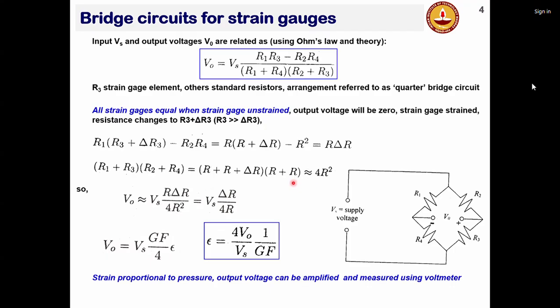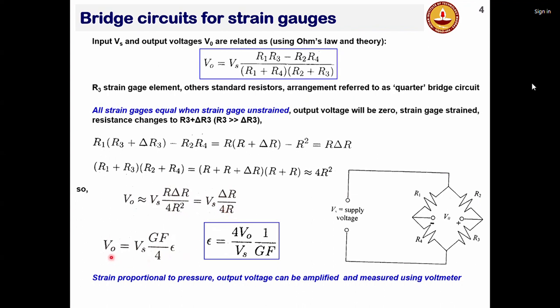So now in this equation, the output voltage will be input voltage into R delta R divided by 4R square, which equals Vs into delta R over 4R, because this R and this R get cancelled.